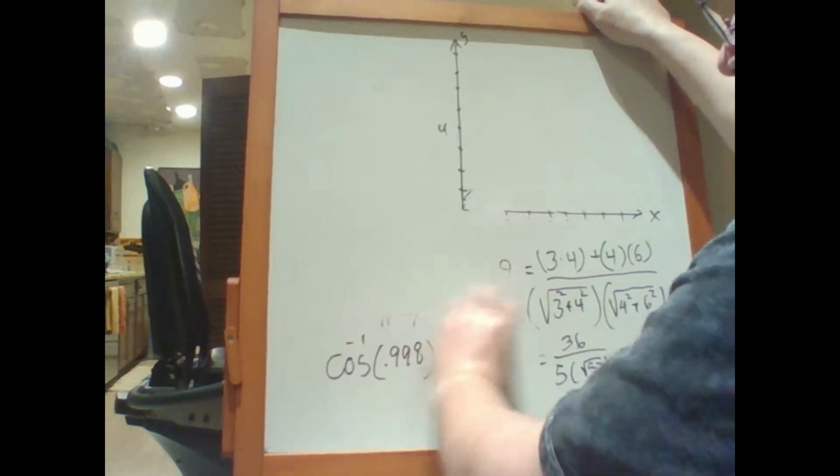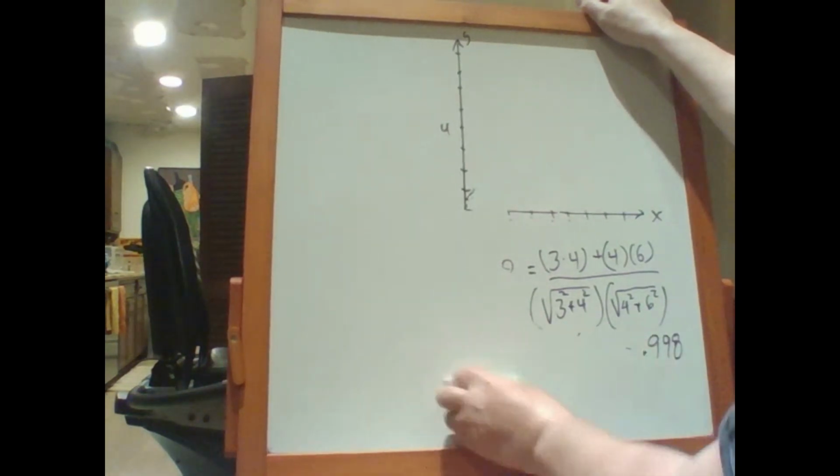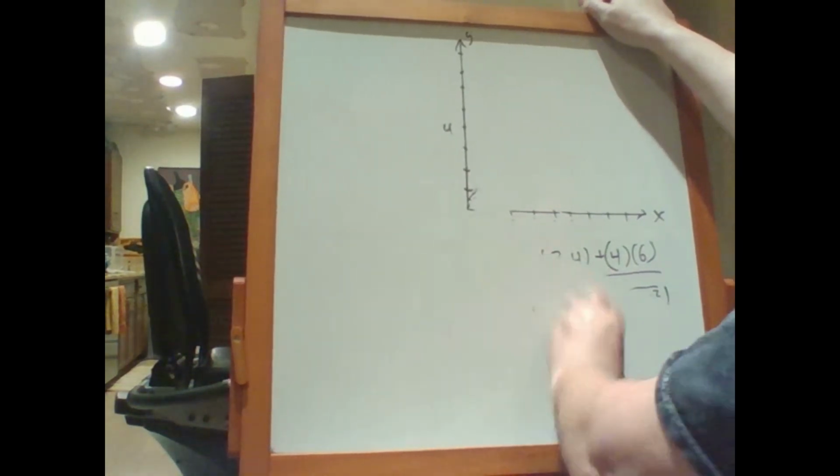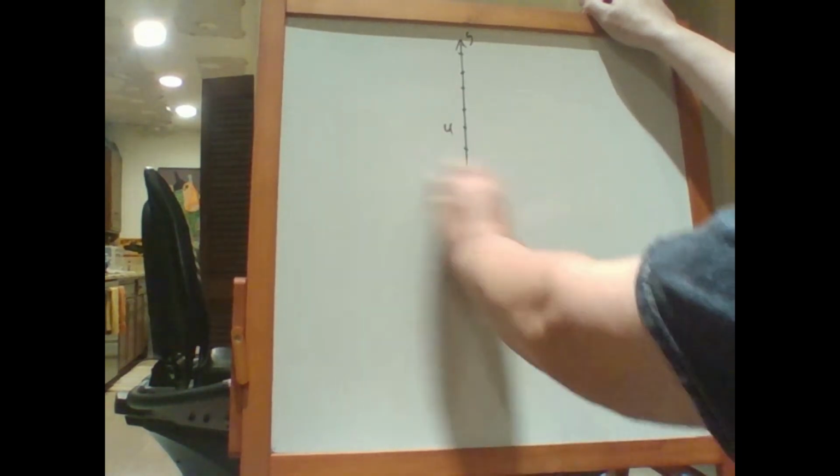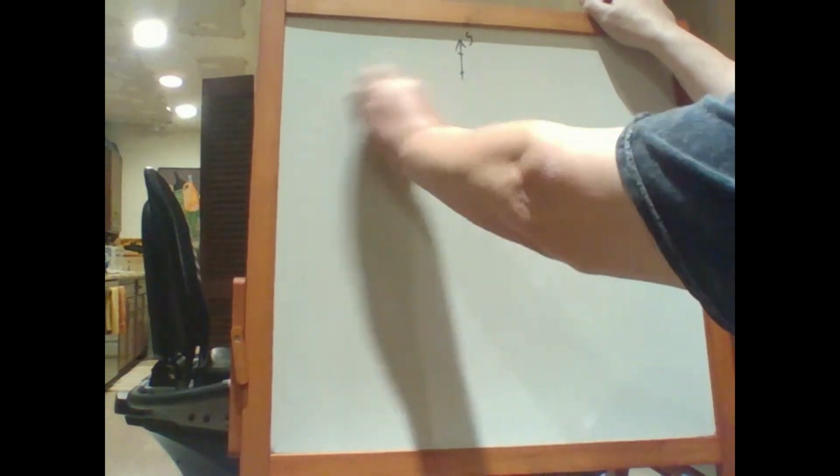All right, so we've seen some operations already. We've added, we've subtracted, we've multiplied using a scalar, and we've done what we call a dot product.